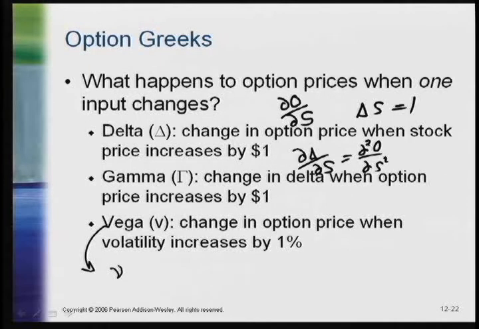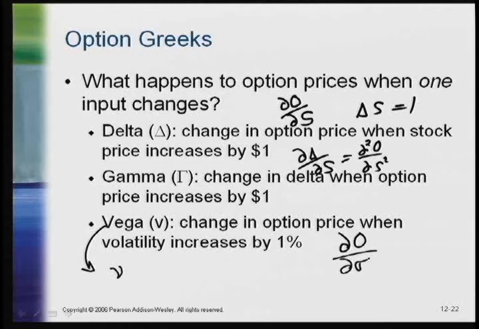But here, if one defines the derivative of the option price with respect to sigma, this is what happens to the option price when sigma is defined in decimal units.